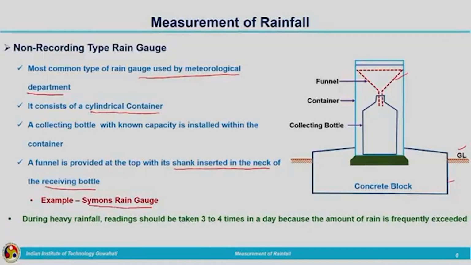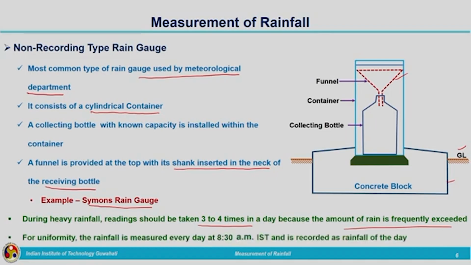So, during heavy rainy days, we need to take the readings 3 to 4 times in a day, because the amount of rainfall will exceed the capacity of the rain gauge. In between, with an approximate calculation from our side, we need to manually replace the bottle.